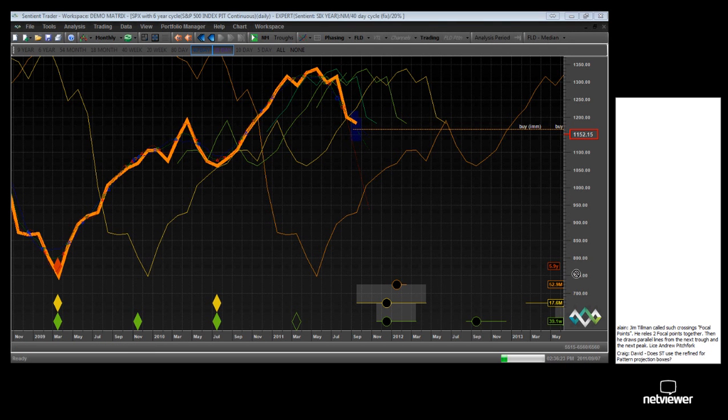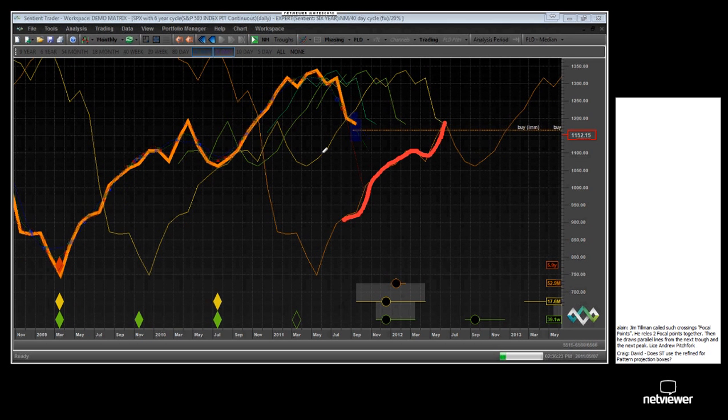If we look at the monthly chart, you can see that all of these FLDs have been broken to the downside, indicating that peaks in all those cycles are confirmed. The FLD that remains to be broken is this 54-month FLD. Now, if price continues, it could go flat for a while and then drop down.